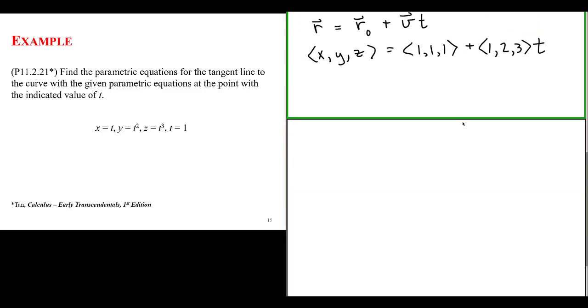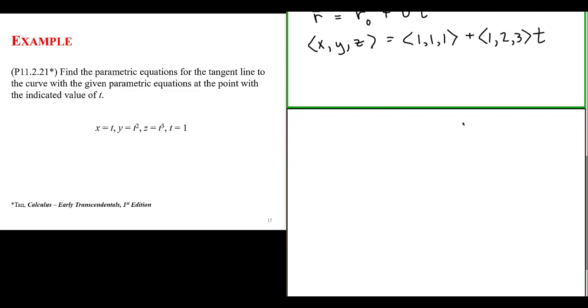This now yields our parametric set of equations that describe this line that is tangent to our curve. The x-coordinate is given by 1 plus 1t. The y-coordinate is given by 1 plus 2t, and the z-coordinate is given by 1 plus 3t.